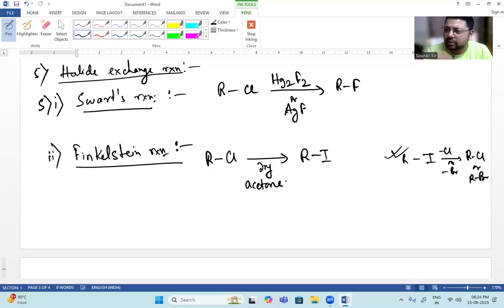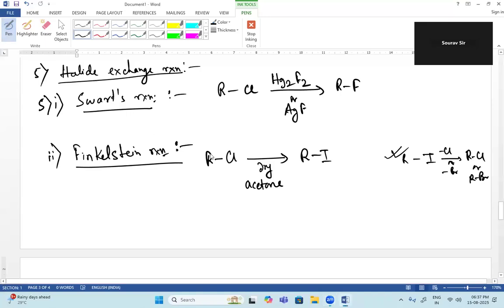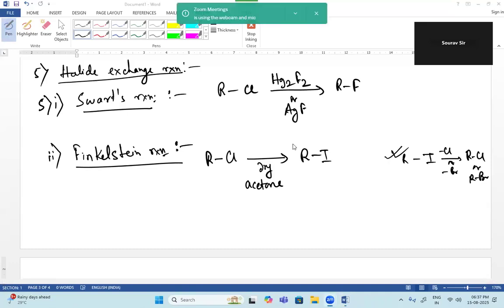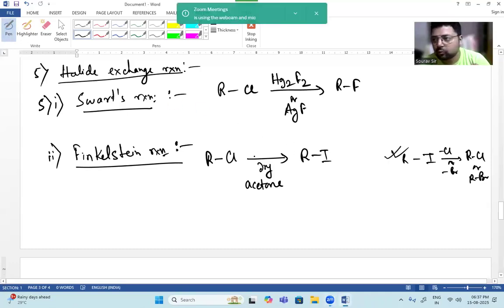Finkelstein's idea was that it breaks down in aqueous medium. So we will not give aqueous medium, there is no possibility of polarity. We will make a polar solvent but not protic. If it is not polar protic, then RCl will break. We have to use dry acetone, devoid of any type of water, completely dry. No water molecules should be there, any form of water.